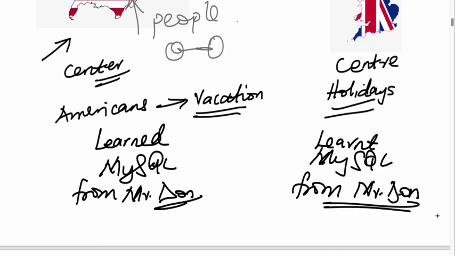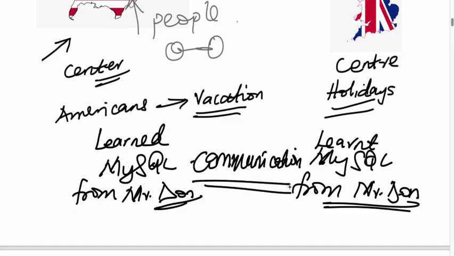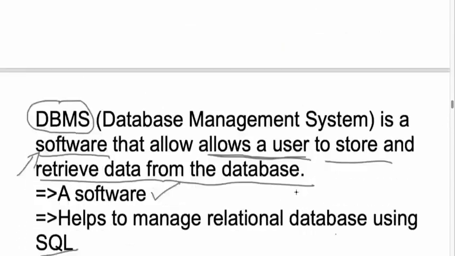The same thing, but different implementation. But at the end of the day, what is achieved here? Communication is achieved. The same thing goes to this place.